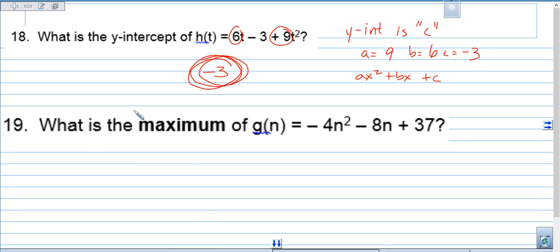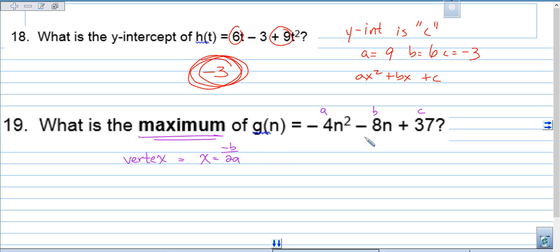Okay? What is the maximum of g of n equals negative 4n squared minus 8n plus 37? So the maximum is located at the vertex. Remember that the vertex can be found at x equals negative b over 2a. So we notice that this is a, this is b, and this is c. So we're going to do this.